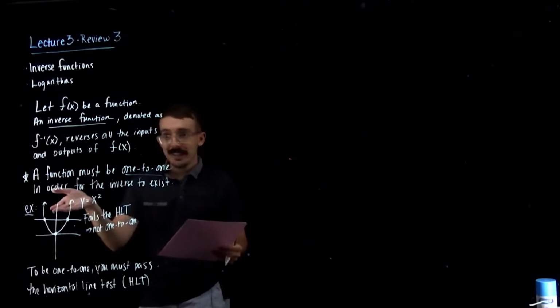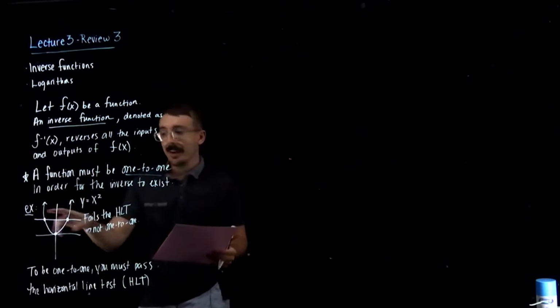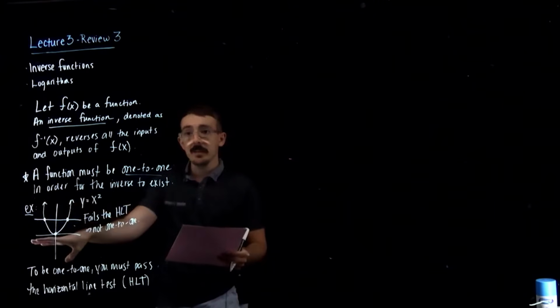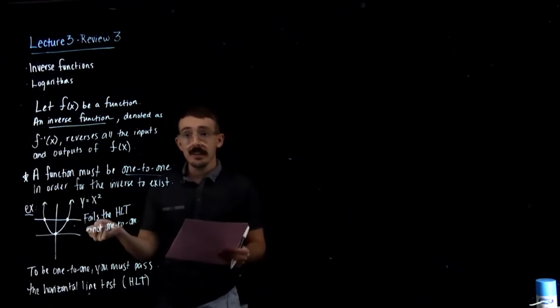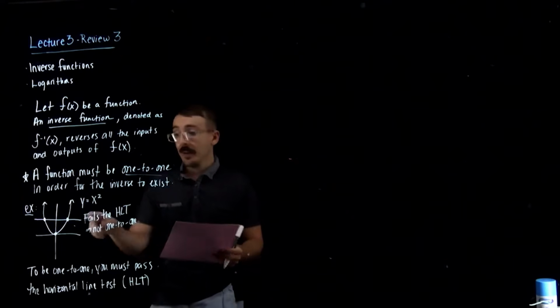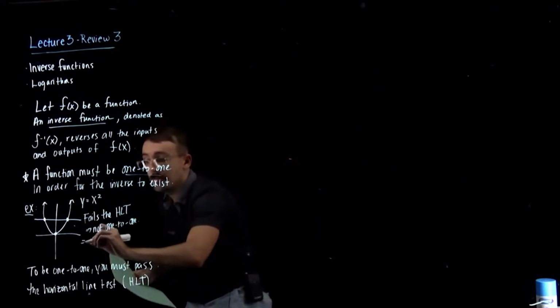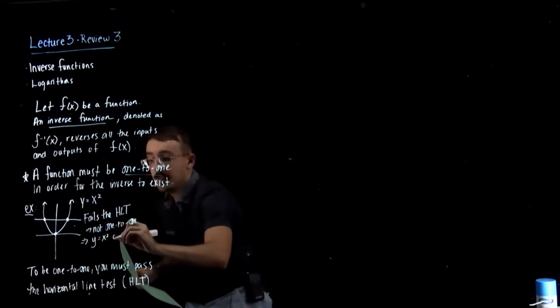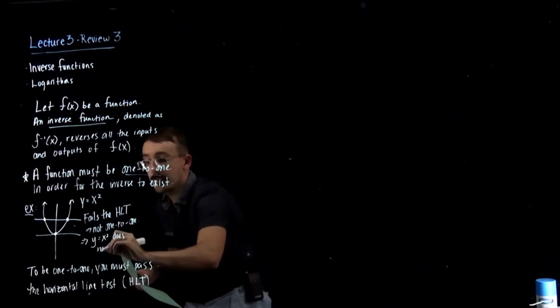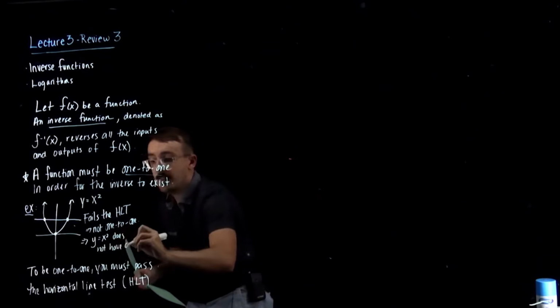Visually, if you take a horizontal line anywhere along this graph, you should not get an intersection at more than one point. So this would fail. This just means that y equals x squared does not have an inverse function.